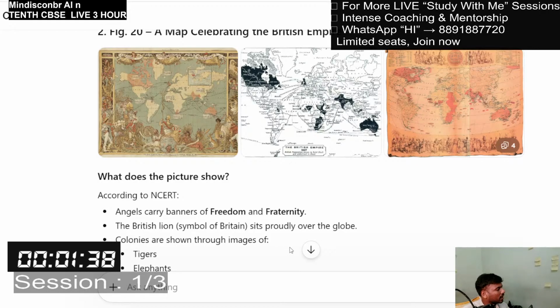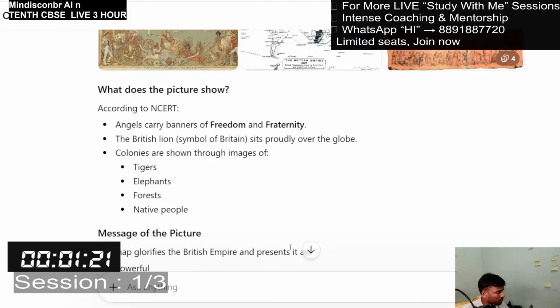The British lion, symbol of Britain, sits proudly over the globe. Colonies are shown through images of tigers, elephants, forest, and native people.